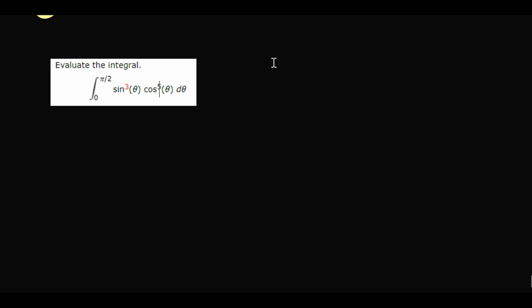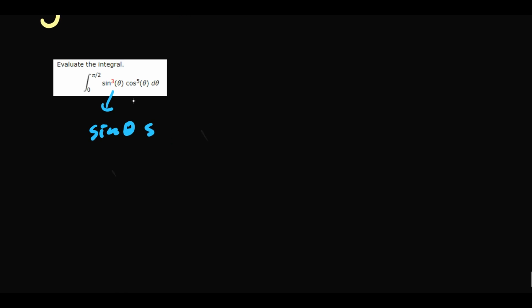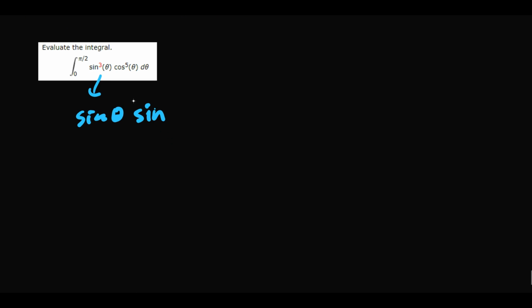All right, so here we are. So what I want to do here is make this sine theta times sine squared of theta, that's sine cubed, cosine to the 5th of theta.